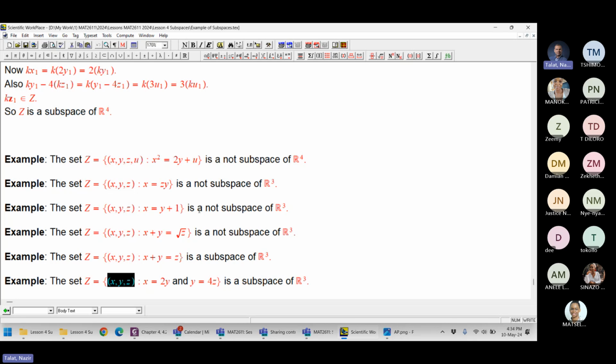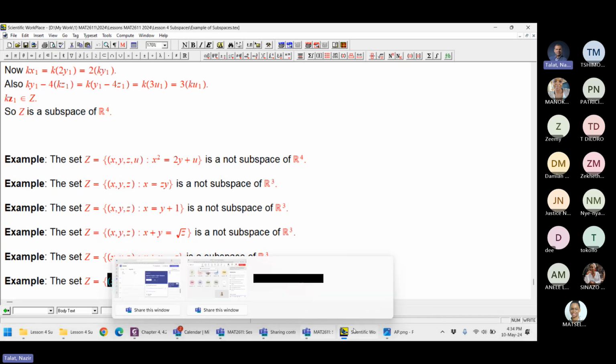But in case a set is a subspace, you need to show the complete proof: the sum of two vectors also belongs to that set, and if you multiply k with any vector of that set, then k times that vector also belongs to the set. So such a set is a subspace of its superset, which is a vector space.